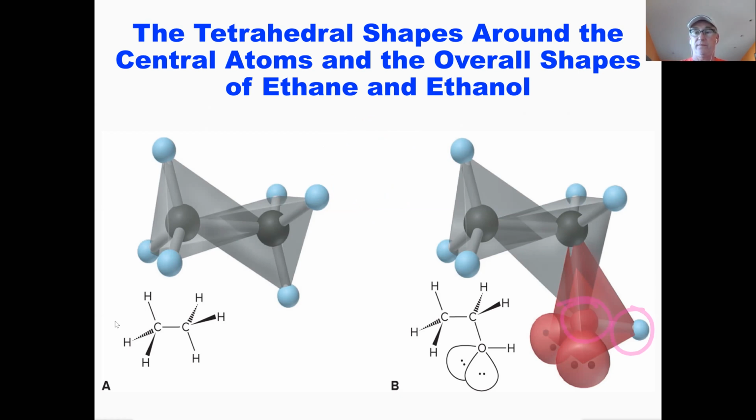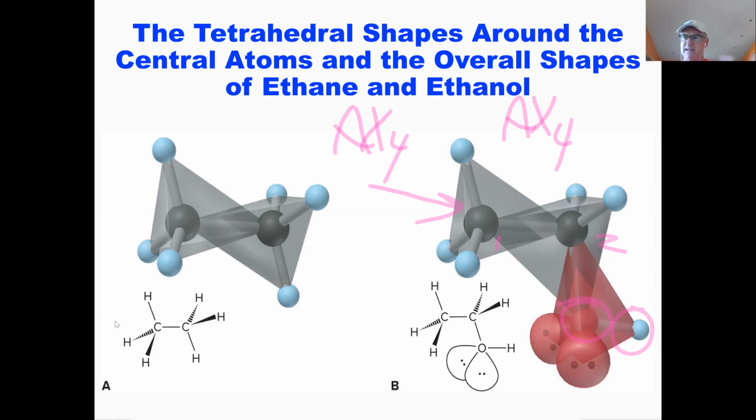Each carbon has 4 bonding groups around it. One of them is the carbon, and carbon 1 has 3 hydrogens around it, so it's AX4, it's tetrahedral. And carbon 2 has 2 hydrogens and an oxygen bound to it, as well as the carbon. It's also AX4. It's also tetrahedral.